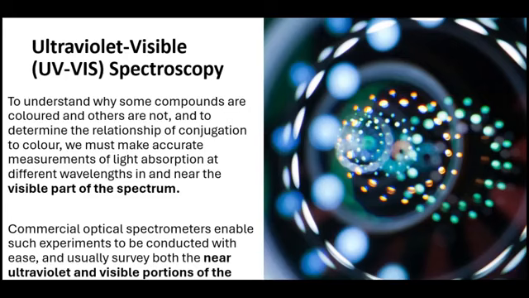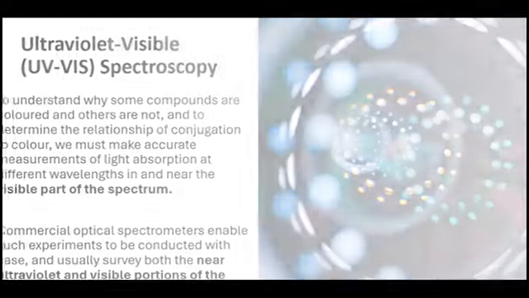In ultraviolet-visible spectroscopy, to understand why some compounds are colored and others are not, and to determine the relationship of conjugation to color, we must make accurate measurements of light absorption at different wavelengths in and near the visible part of the spectrum.